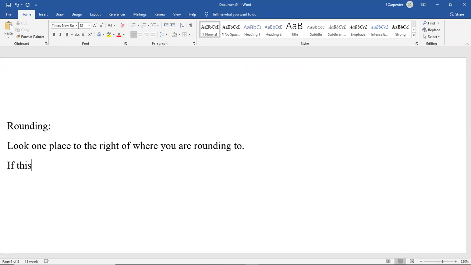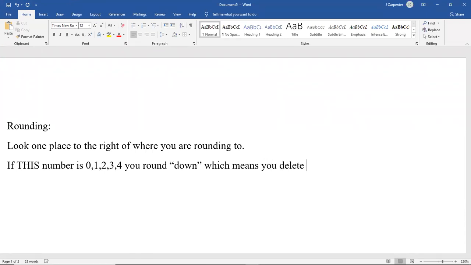If this number is 0, 1, 2, 3, or 4, you round down, which means delete the space you looked at, as well as all numbers to its right.